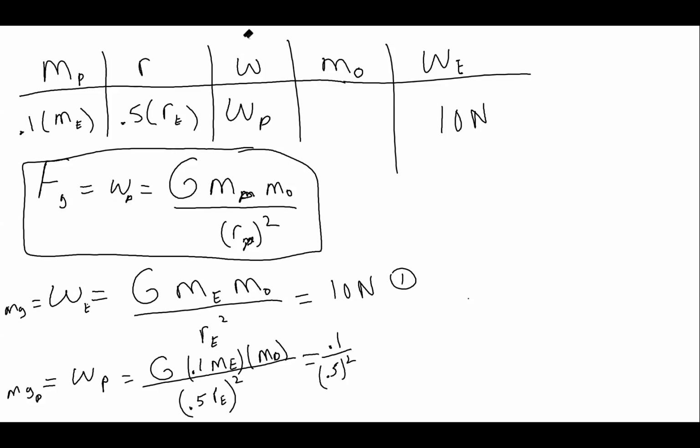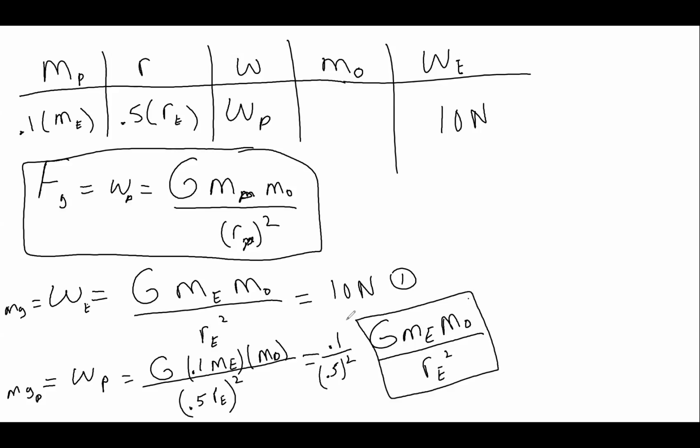Notice, the rest of this equation is big G, mass of Earth, mass of the object, divided by the radius of the Earth squared. Now look carefully, all of this is this. You see that?